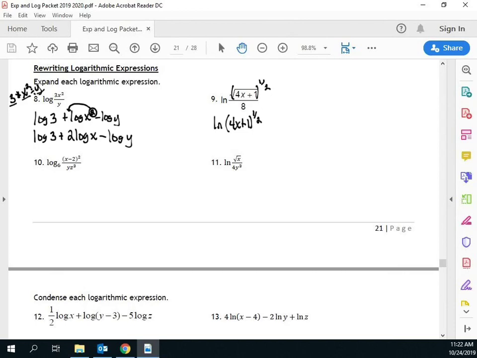It's divided by 8. So what does that convert to when we expand? Good. One last step. And there you go. 1/2 natural log of 4x plus 1 minus natural log of 8.